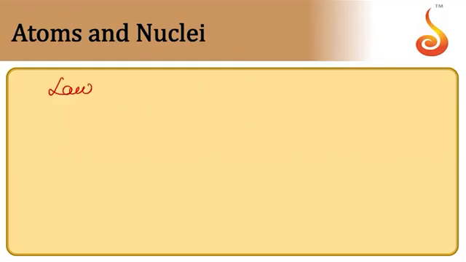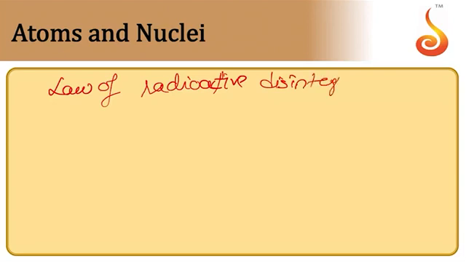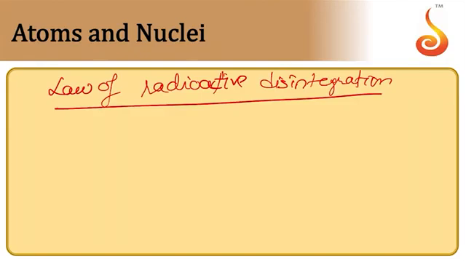Law of radioactive disintegration tells us at what rate does a nucleus, or say nuclei, disintegrate. According to Rutherford and Soddy, the rate of disintegration dN by dt is proportional to the number of undecayed nuclei.